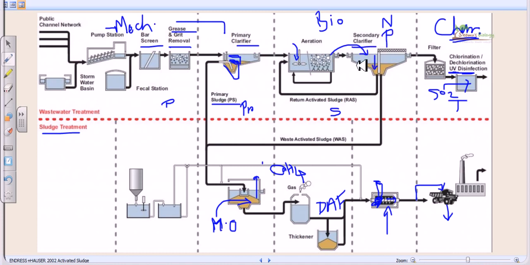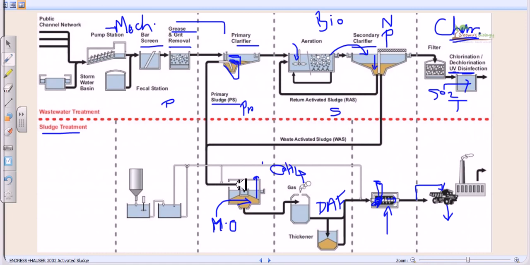So if somebody asks which is the most important part of this system, you must say it is the biological part, the secondary treatment, because in this part almost everything is treated, except for a few considerations like odor, sometimes a small amount of dissolved phosphorus, and those bacteria which are added, right? Except for this, the water is almost ready to be discharged into the water stream. So that's why it's important.